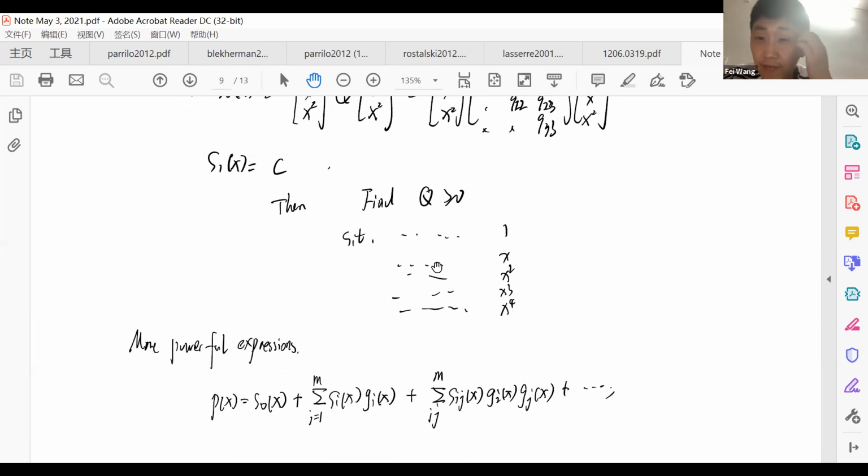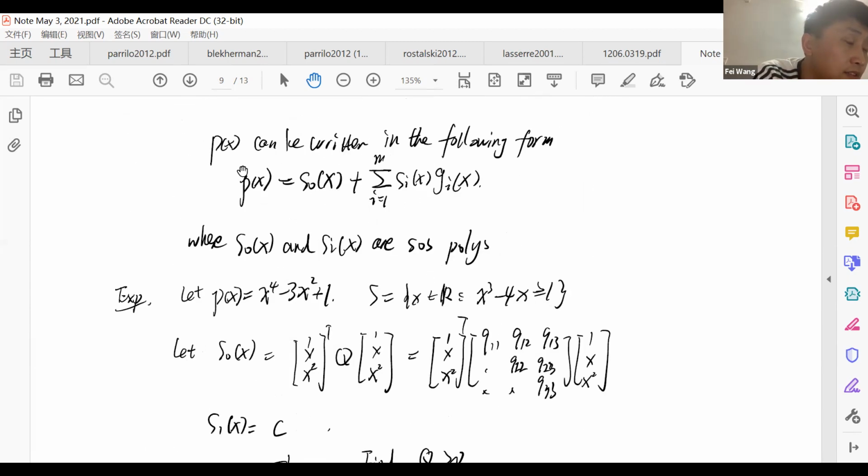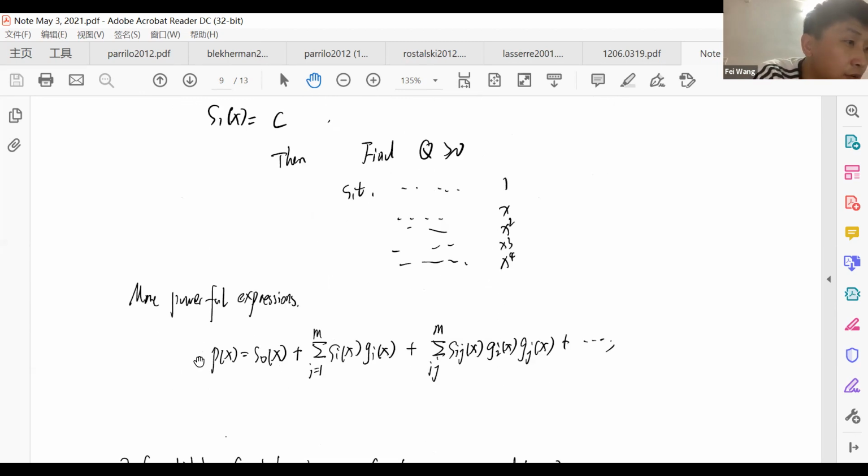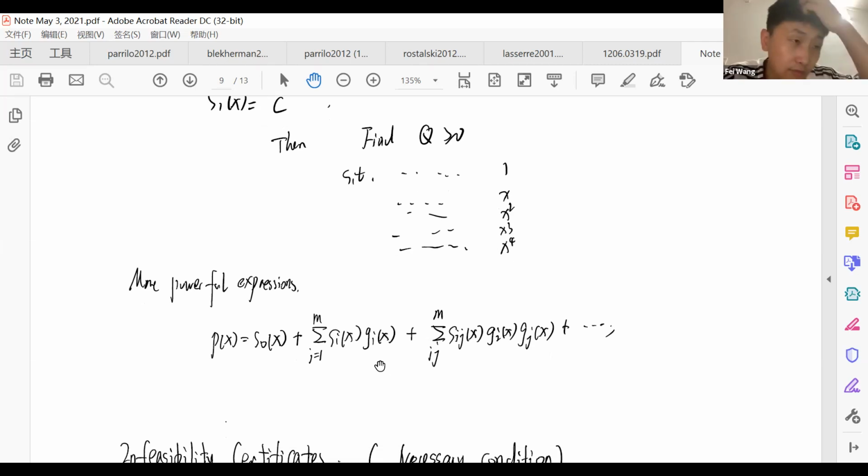In fact, we can have more powerful expressions. Instead of using this form, we can use a more powerful form, which has products of the constraints. We want P(x) in this form: P(x) equals s0(x) plus the sum of si(x) times products of the gi(x).